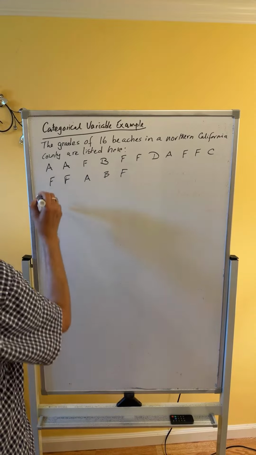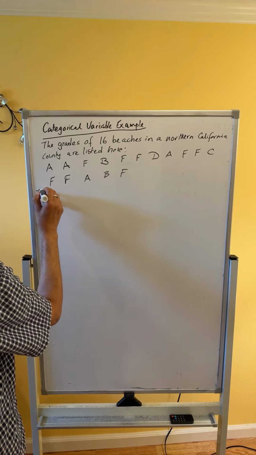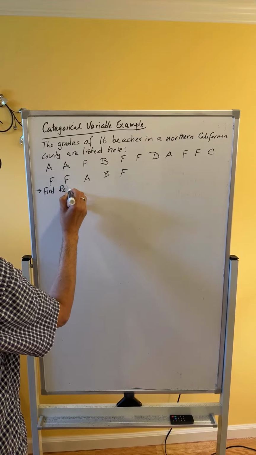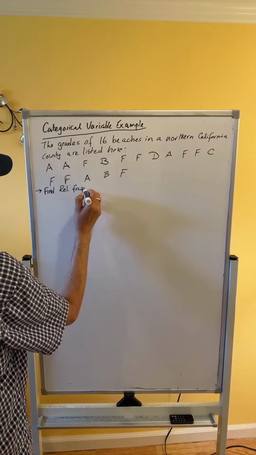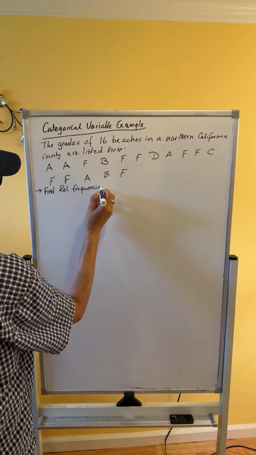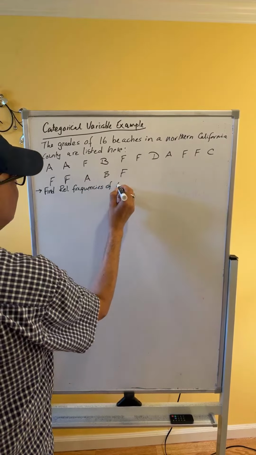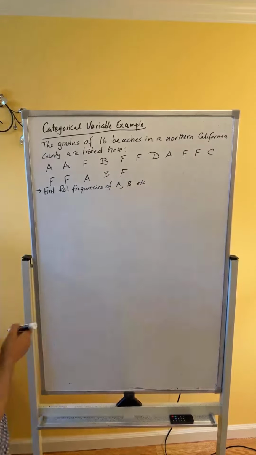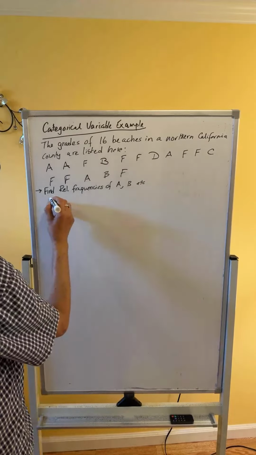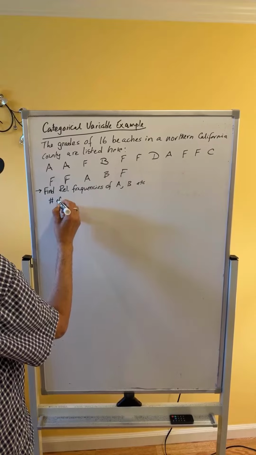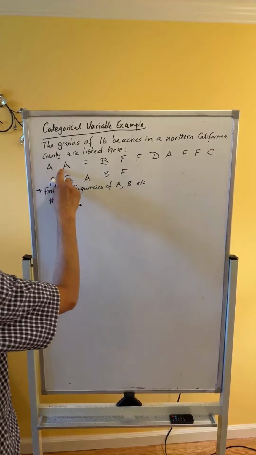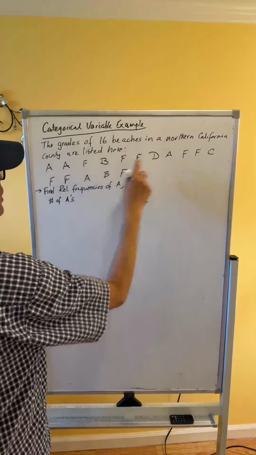So, we have been asked to calculate or find relative frequencies of A, B, etc. Just let's do A and B. So we count that number of A's. 1, 2, 3 and a 4.